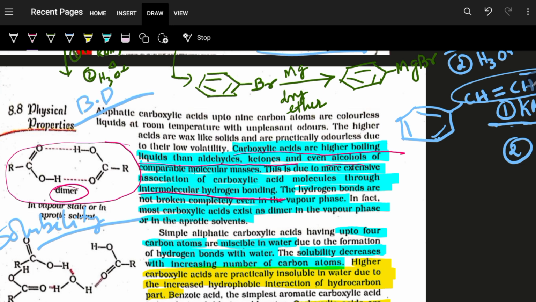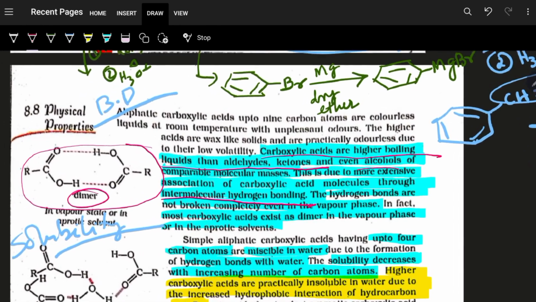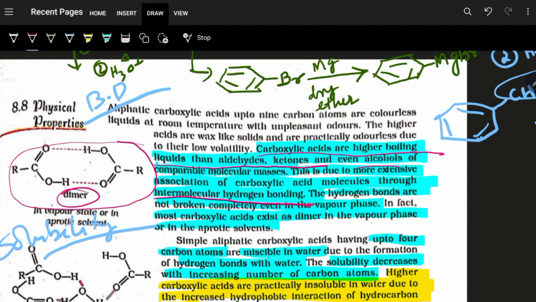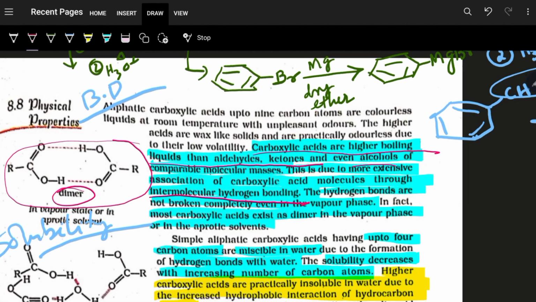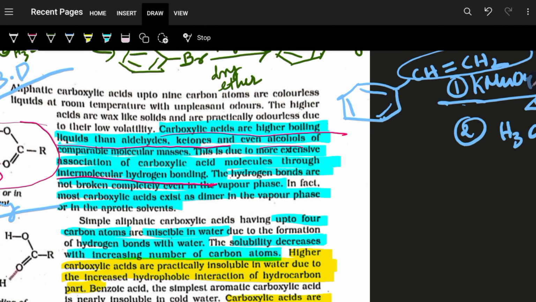That's why it is intermolecular. It cannot be intra, because then the hydrogen bonding would be within a single RCOOH. But here the hydrogen bonding exists between one unit of RCOOH and the other unit of RCOOH. The hydrogen bonds are not broken completely even in the vapor phase. So it's very strong and thus it has a high boiling point.